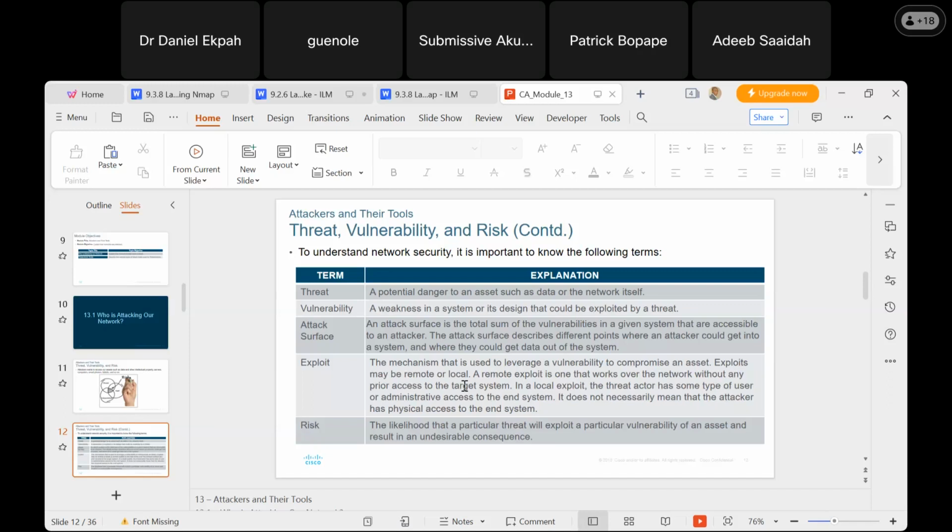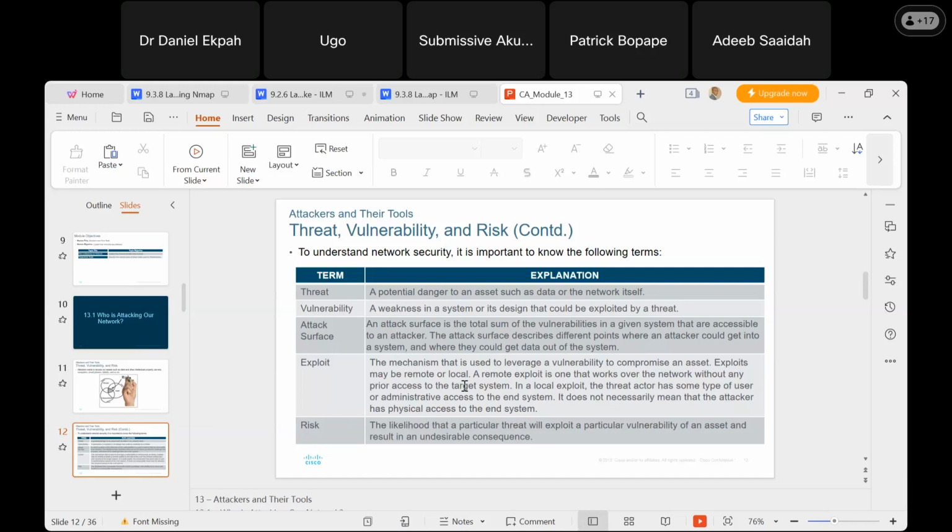Then you have an exploit, which is a mechanism that will be used over a particular vulnerability, or what we refer to as a weakness. And the result is what we refer to as risk. So the risk factor is subject to the exploit on the vulnerability. I hope we get that clearly.